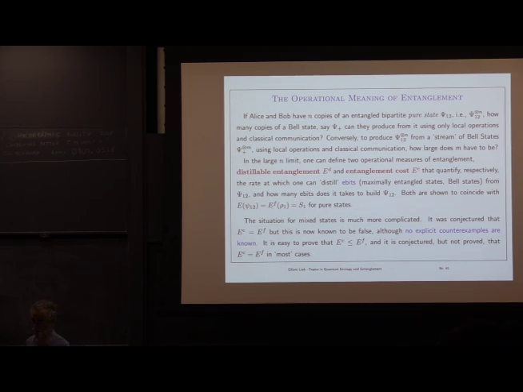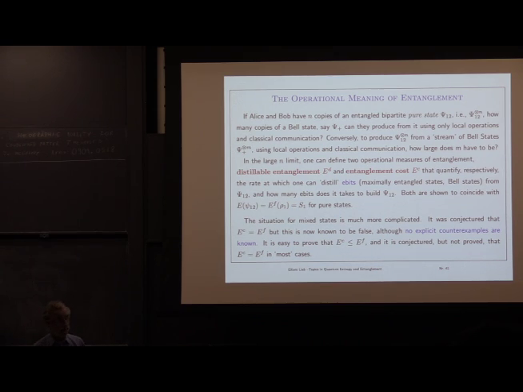Remember the goal is to measure entanglement in a very primitive sense in terms of Bell states. Keep that in mind. To do that, we imagine that Alice and Bob have n copies, and they're going to try to produce these n copies in terms of a certain number of copies of Bell states. That's the goal.